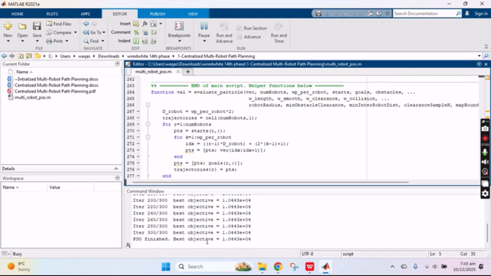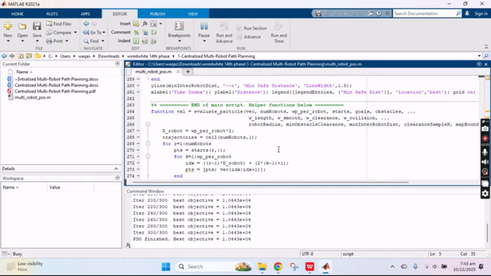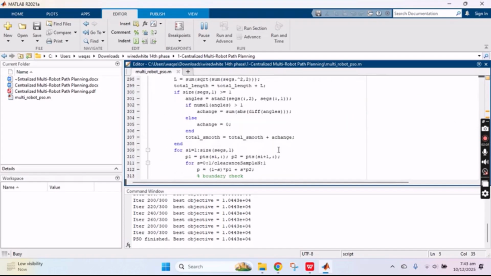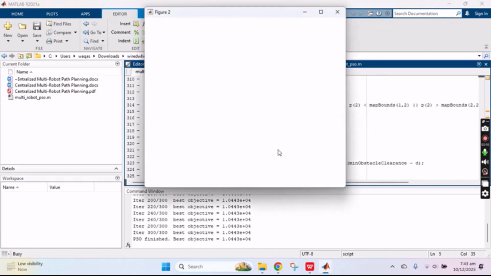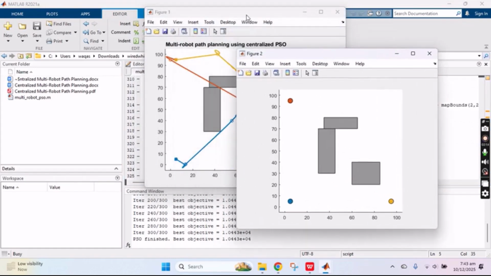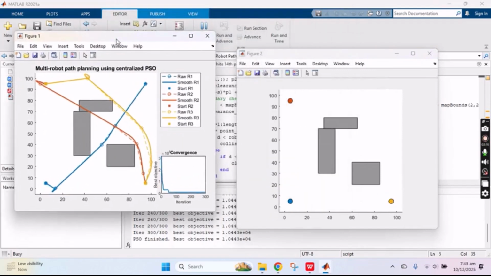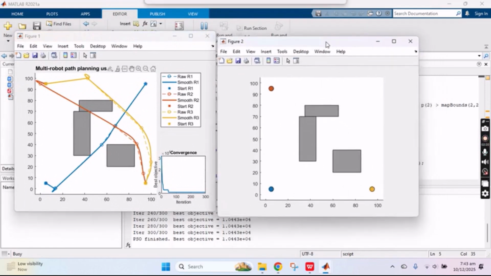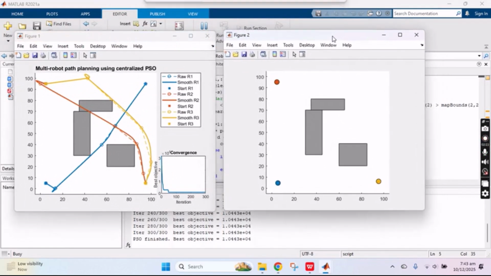Yes, so finished with the objective 1.4e4, 1.043443. See, all the comments are added in the code to explain everything. See, this is figure 1 for the multi-robot path planning using centralized PSO, and this is the animation of the robots accordingly.